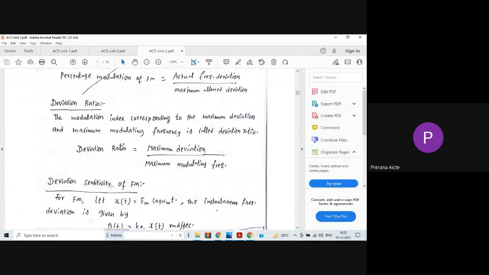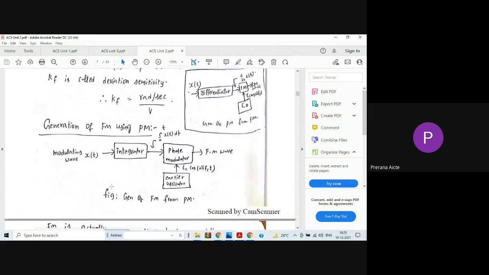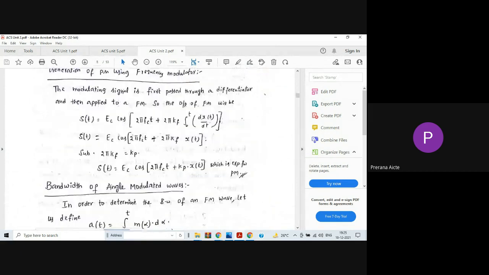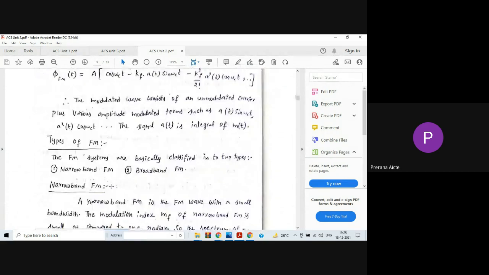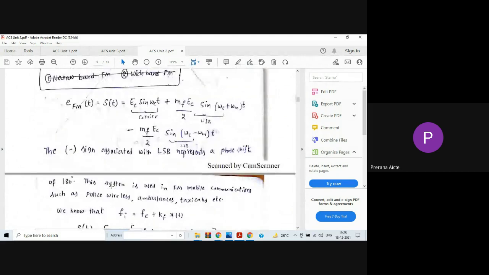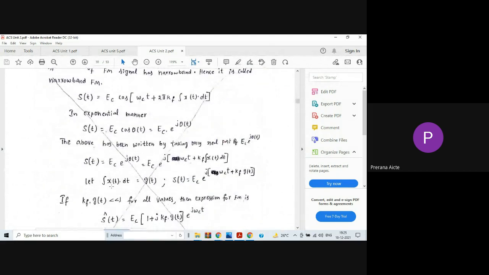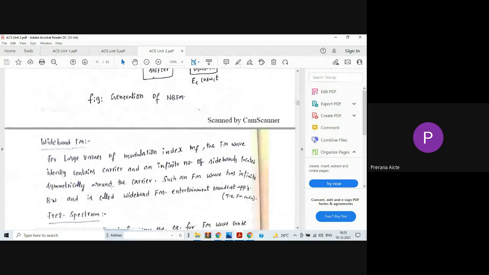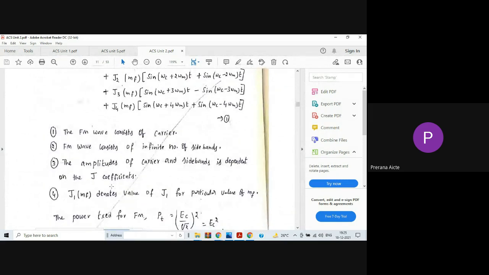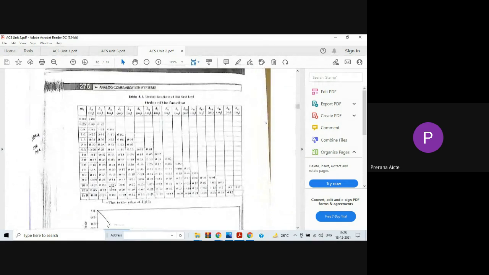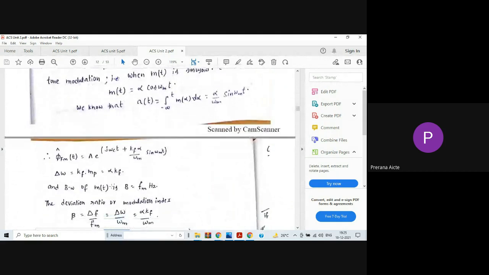Okay, now we see how do you generate the FM wave. There is one method, which is the Armstrong method of FM generation. Using that, we are able to generate the FM wave. We'll see that.